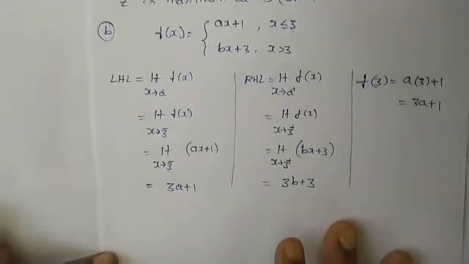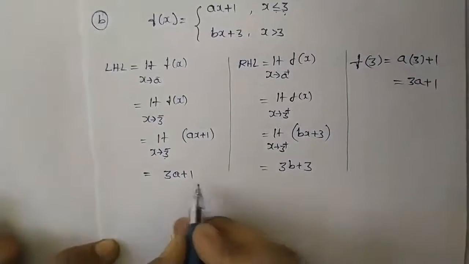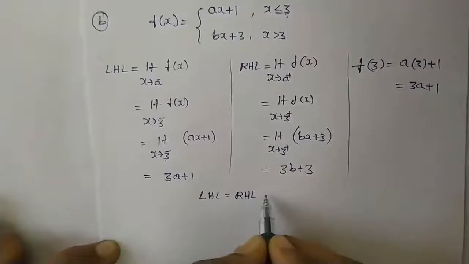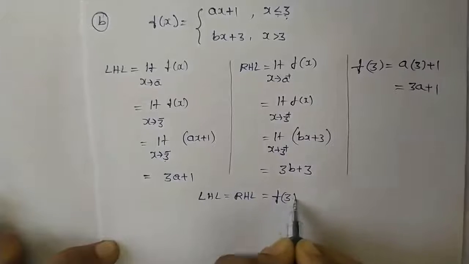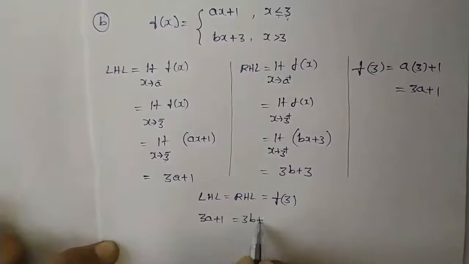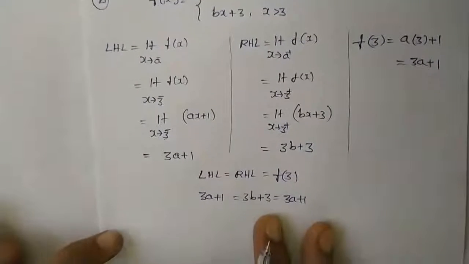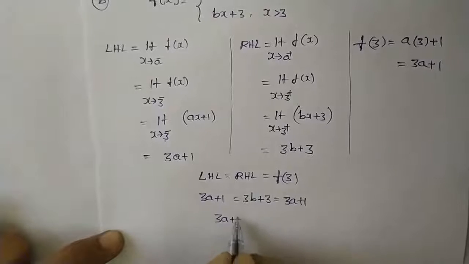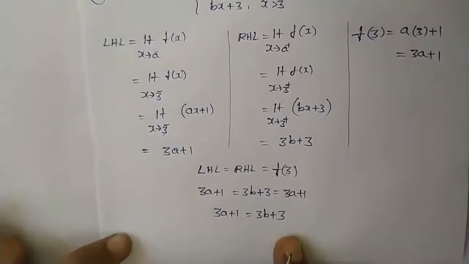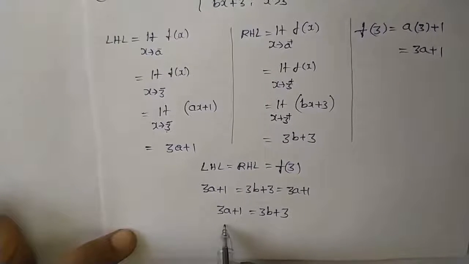Now by the definition of continuity, LHL equals RHL equals the functional value f of 3. So 3a plus 1 equals 3b plus 3 equals 3a plus 1. Equate any one, therefore 3a plus 1 equals 3b plus 3. We need to find the relation between a and b.